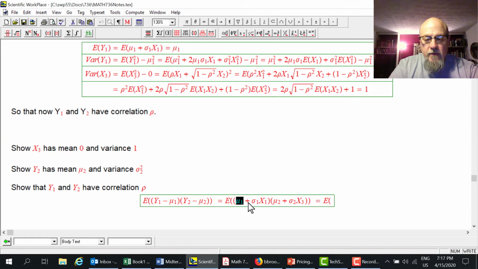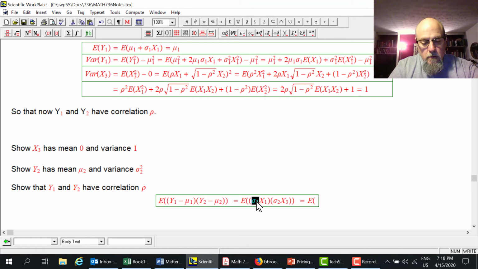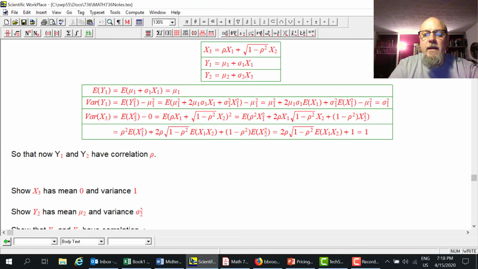So that means that these means are gone. And constants can come outside. And now I've just got the expected value of x1 times x3. And now I'm going to go back in and put in my x3 like this.